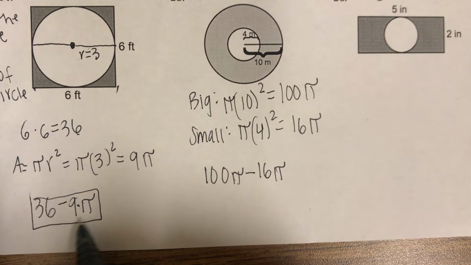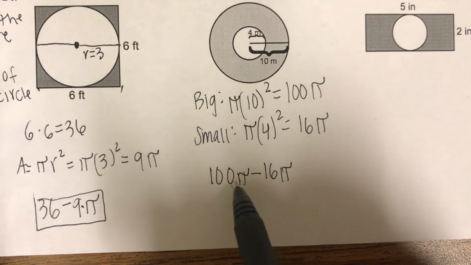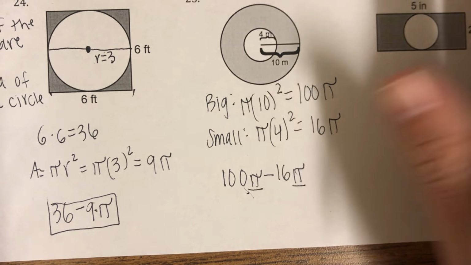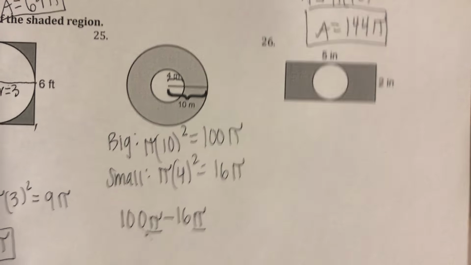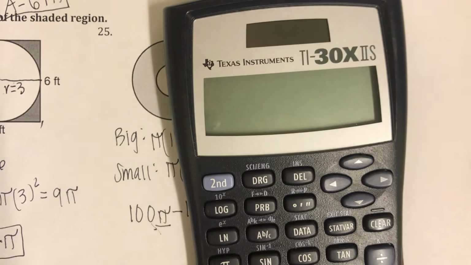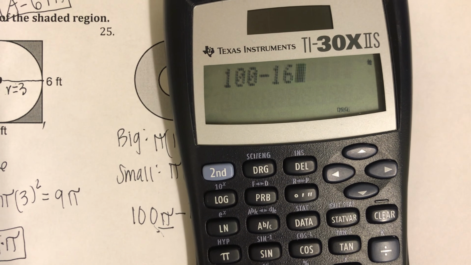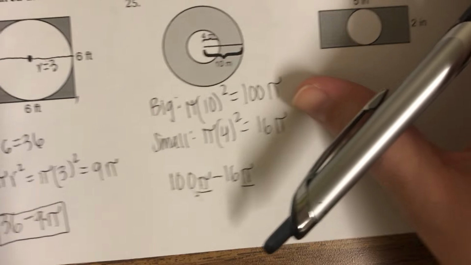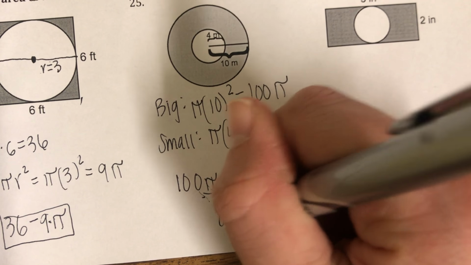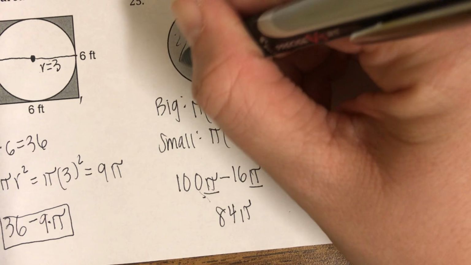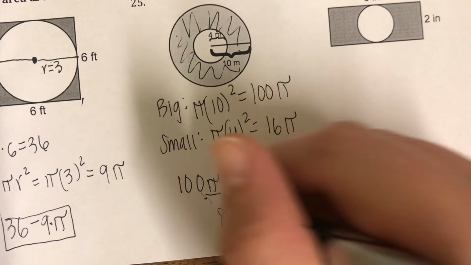Unlike this one where we couldn't simplify it any further, we can subtract these two things because they both have a pi, so they're like terms. So 100 minus 16 is 84. So the area of our shaded region up here is 84 pi.